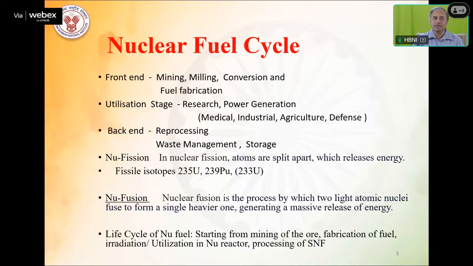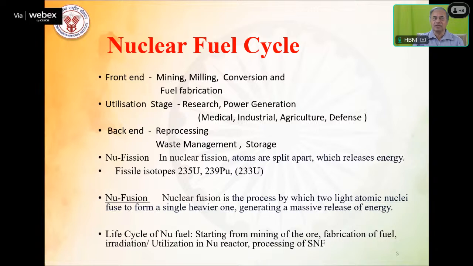Nuclear fuel cycle. It has 3 stages: front end, utilization stage, back end. Basically, these stages are defined with respect to the fuel. So nuclear fuel is to be mined, milled, converted into a useful form, and then fuel fabrication.